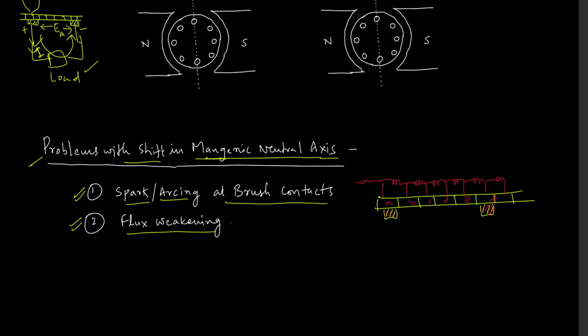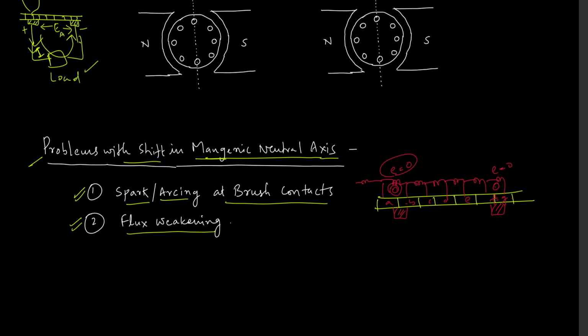Now when they move, the brush position will come to AB at one point and FG, so they will be short circuiting AB and FG like this. Under this position, the EMF in this coil should be 0, otherwise a large short circuit circulating current will be developed.